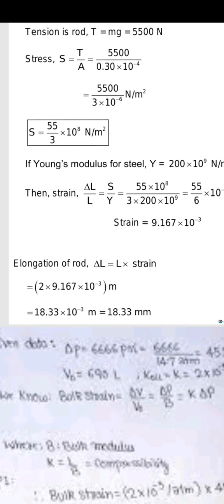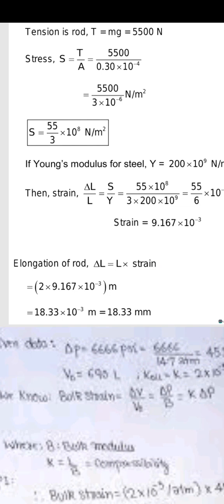All right. Further, calculate the change in length. So to calculate the change in length, therefore, we're going to say delta L is equal to L multiplied by strain, which will be our L, we are given to be 2 meters.